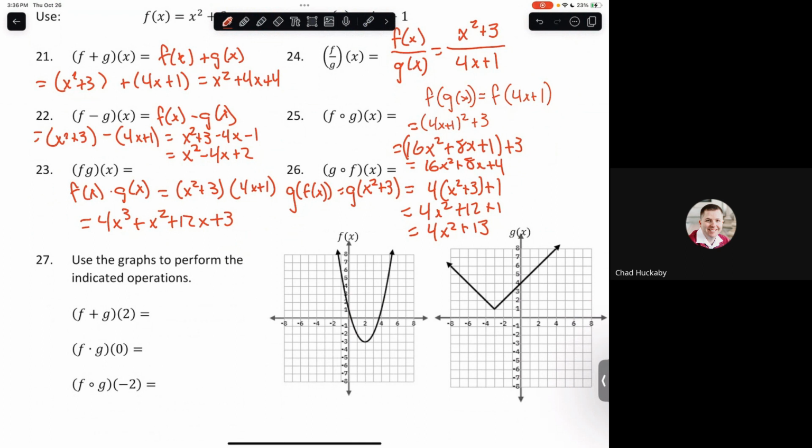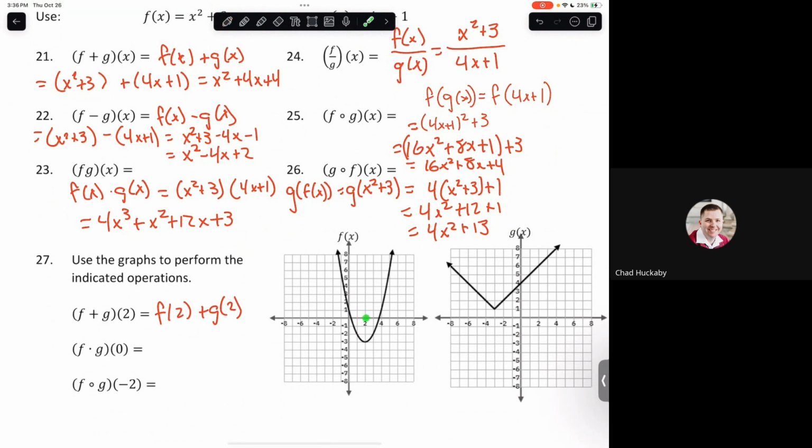Okay. So now we want to use the graphs to perform the indicated operations. We want to find f plus g of 2. Okay. So what we're looking for is f of 2 plus g of 2. Well, f of 2 is this function f evaluated at 2.